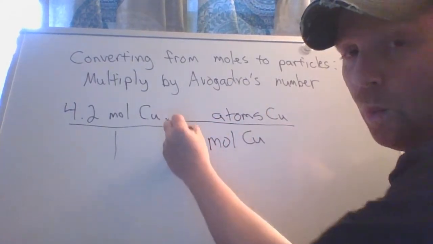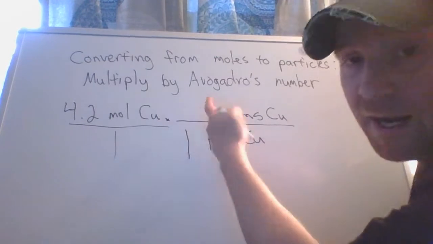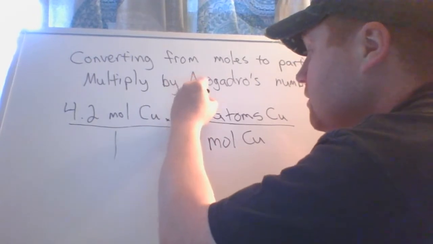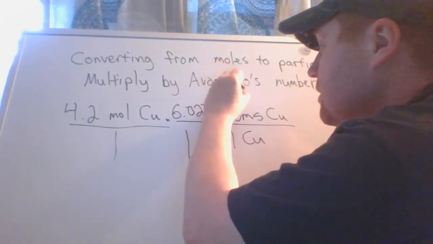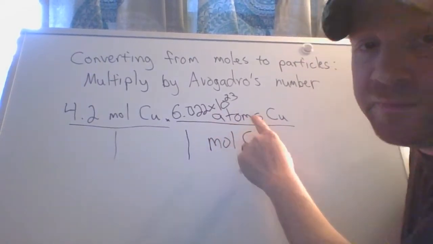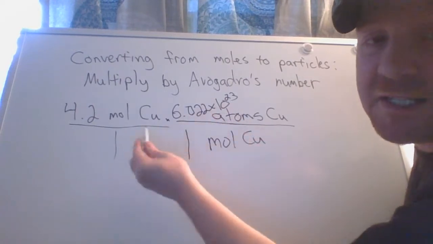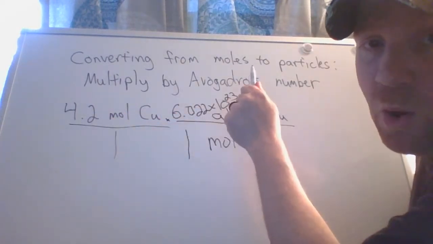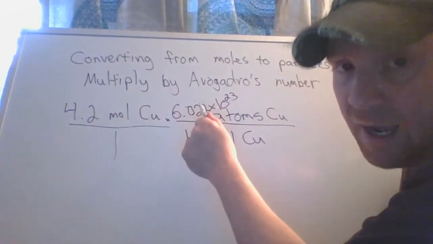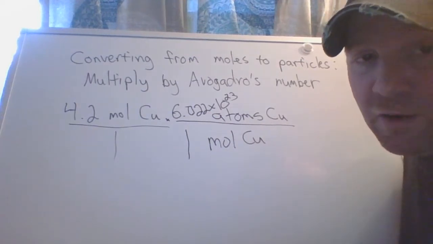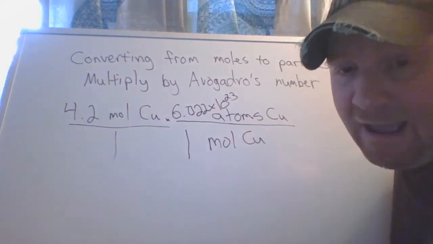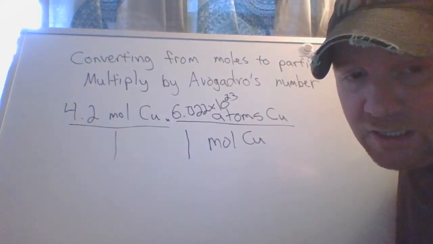For every 1 mole of copper, there are, and I didn't give myself enough room, I never do, 6.022 times 10 to the 23rd atoms of copper in 1 mole of copper. So it's a simple multiplication problem to go from moles to particles, in this case atoms. 4.2 times 6.022 times 10 to the 23rd. The answer would be to 2 sig figs, because my initial measurement has 2 sig figs in it.